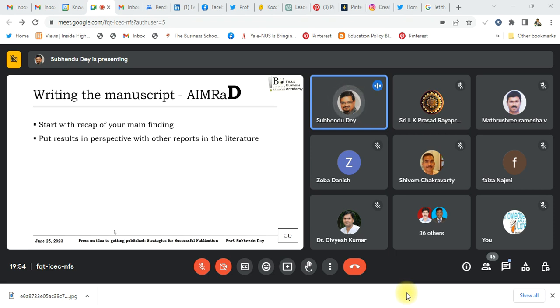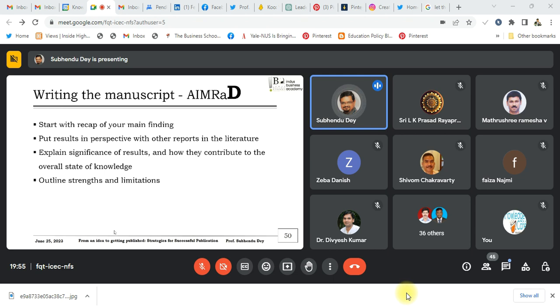You will also explain the significance of the results and how they are contributing to the enhancement of the knowledge that you are intending to contribute to the academic community. You also will outline the strengths and limitations.